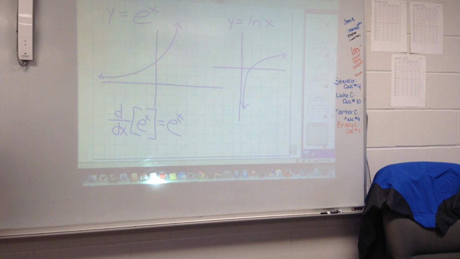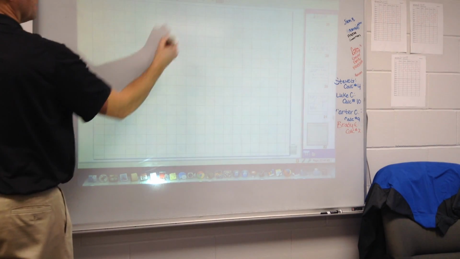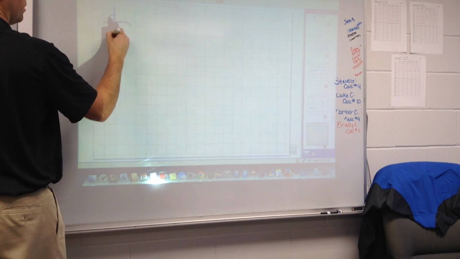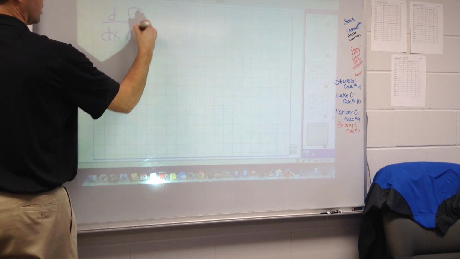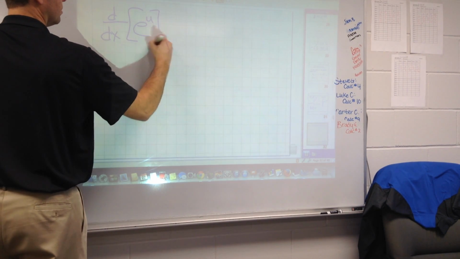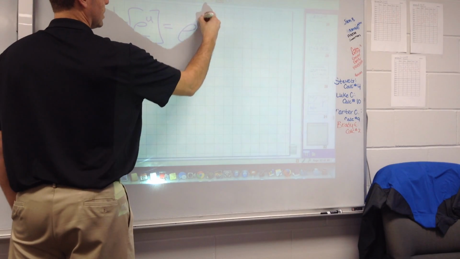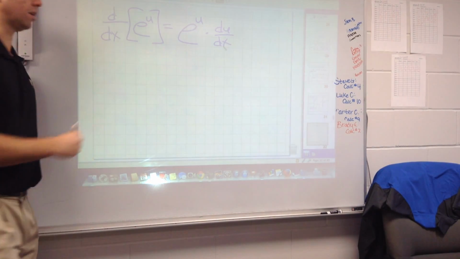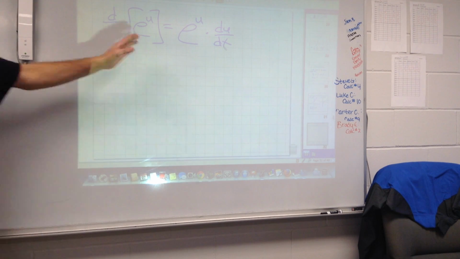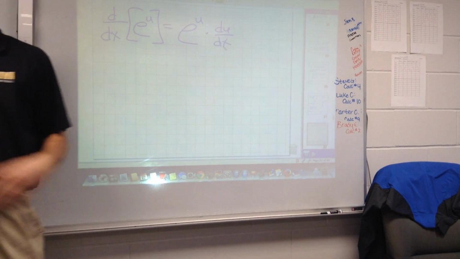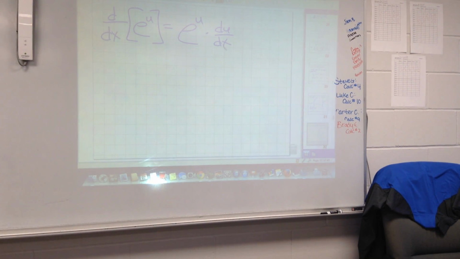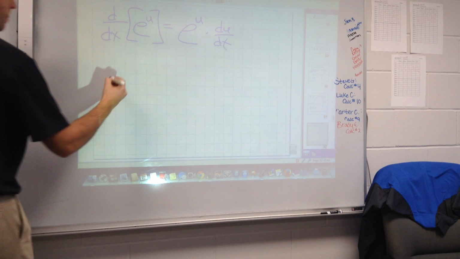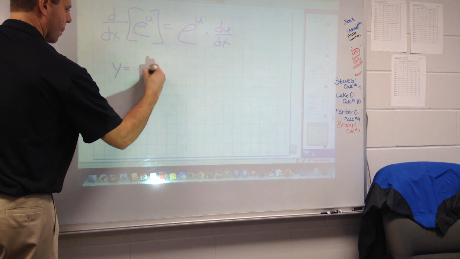So, I guess I could also write the derivative with respect to x of e to the u would equal e to the u times du, or times du dx, however you want to write it. Just make sure you multiply by the derivative of what that exponent is, just like you always do in the chain rule.